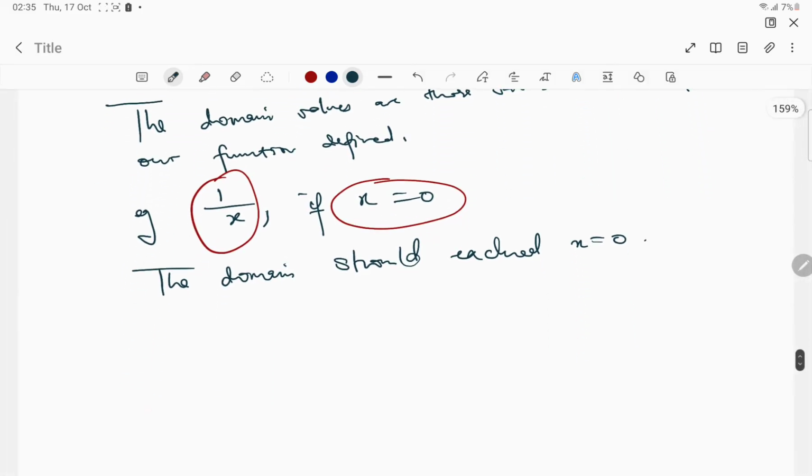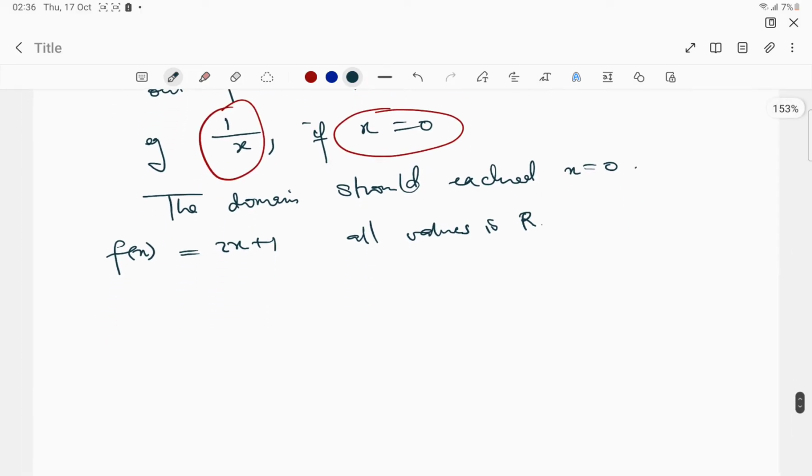Just as an example, let's have a function like f of x is equal to 2x plus 1. The domain of this function are those values in R. So just for better understanding, let's take some points in R which we can input here.